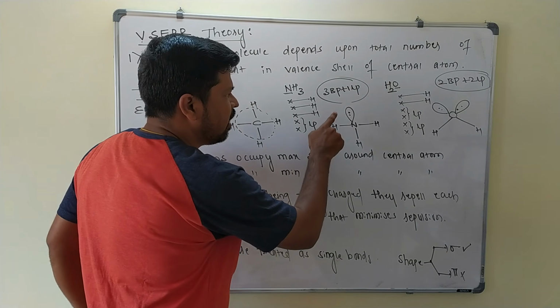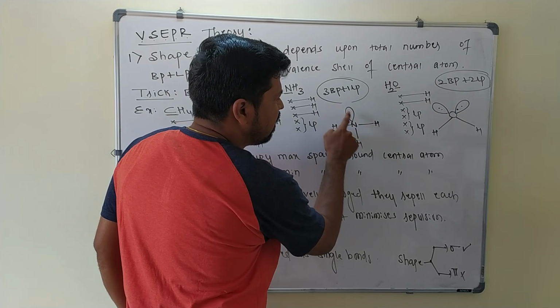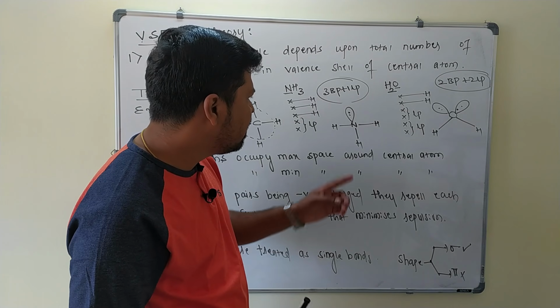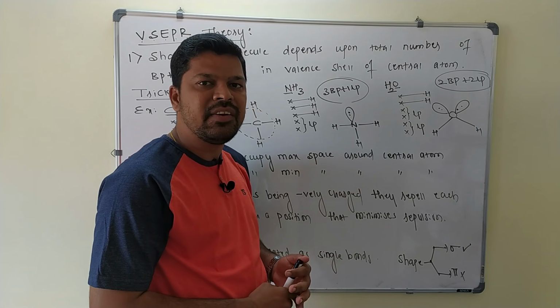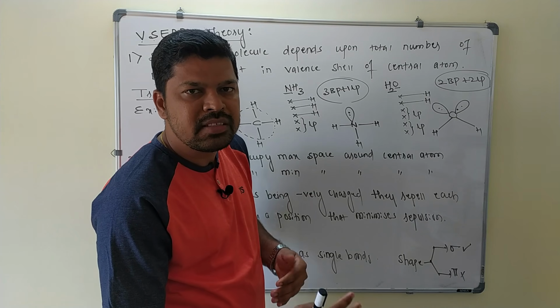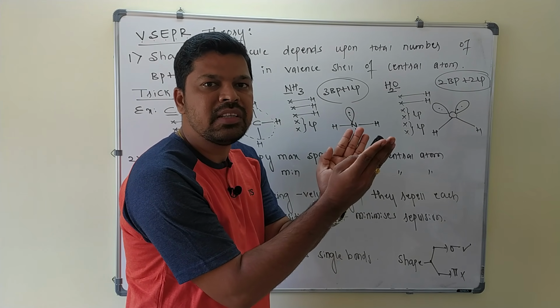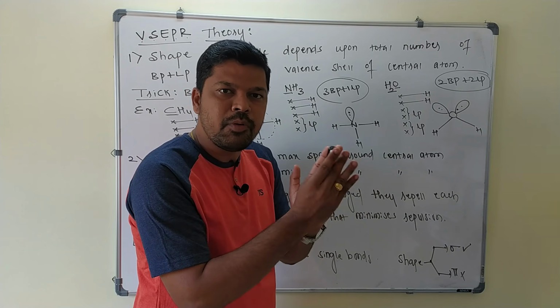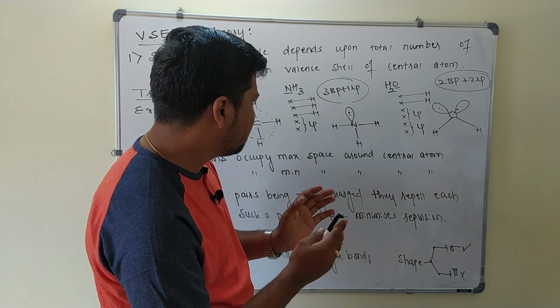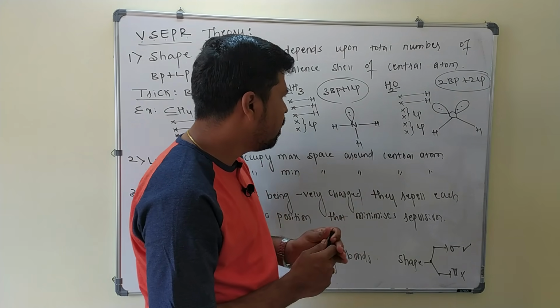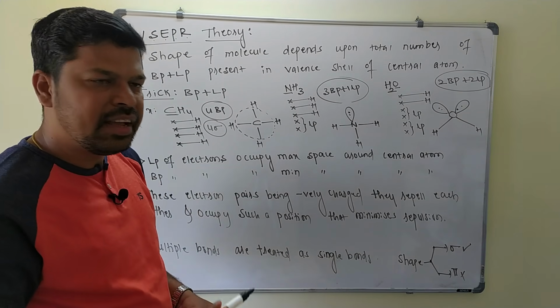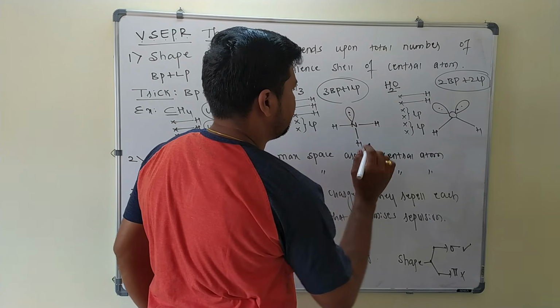Lone pairs are also negatively charged and so are bond pairs. These electron pairs will experience some repulsive force between them, and that's why they try to move away from each other and occupy such a position in space that minimizes the repulsion between them.